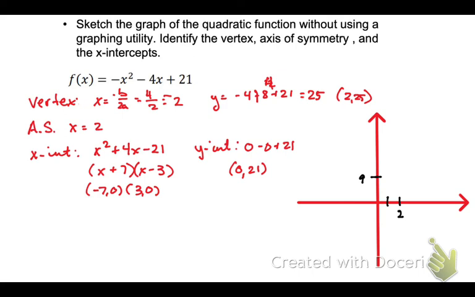So the x-intercepts, why are they negative? One is negative and one's positive. Because you're subtracting. Is that what you're asking?